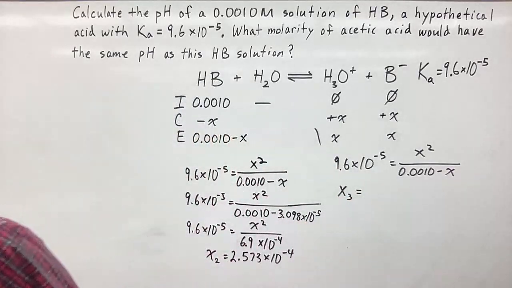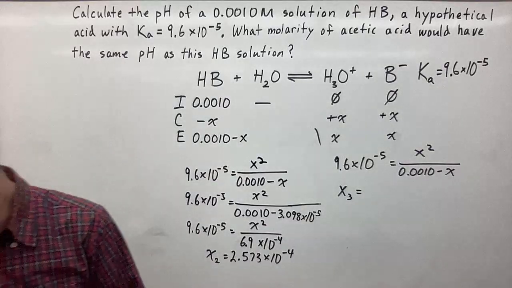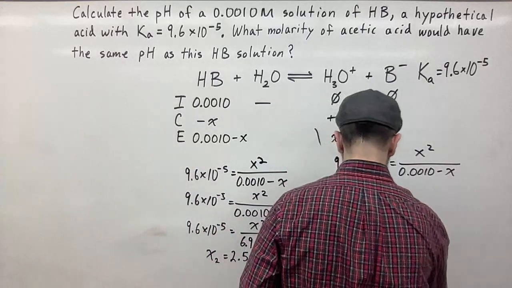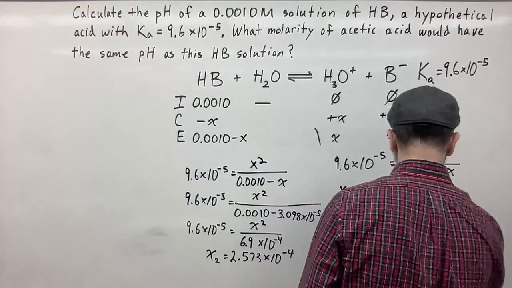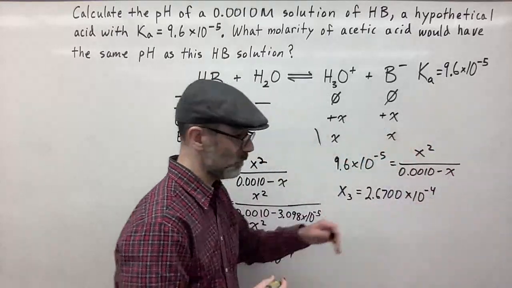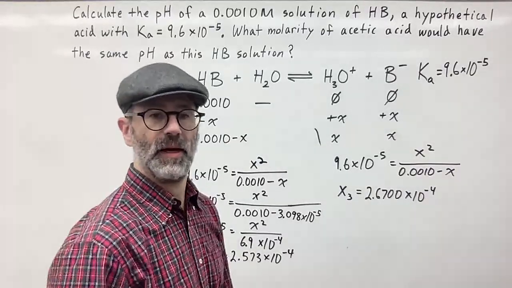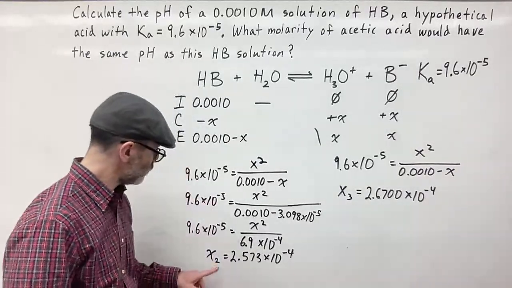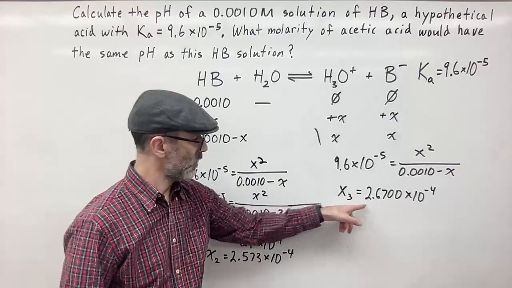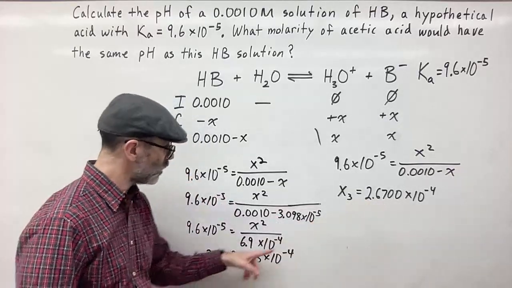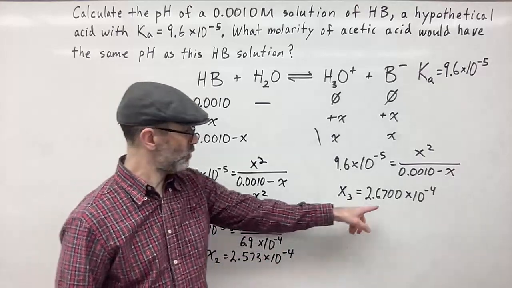When I do that, I get 2.6700 times 10 to the negative 4. So you can see that the x2 value is not the same as the third iteration, but the difference is getting closer.